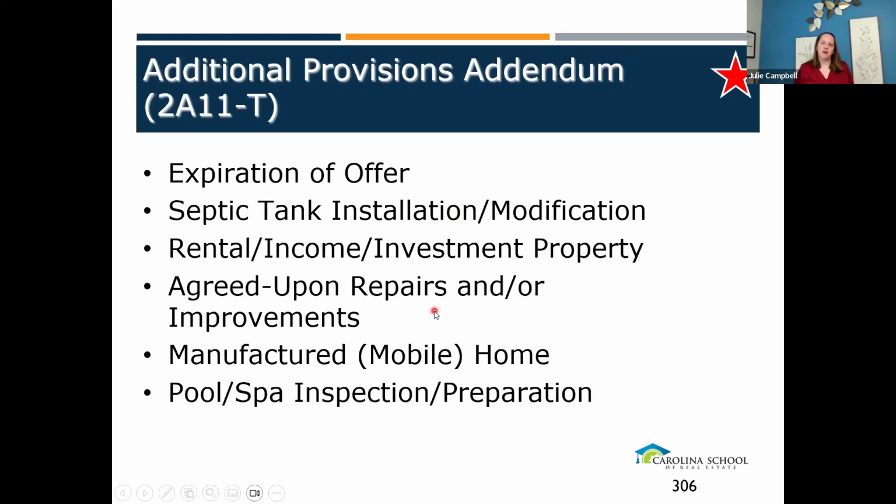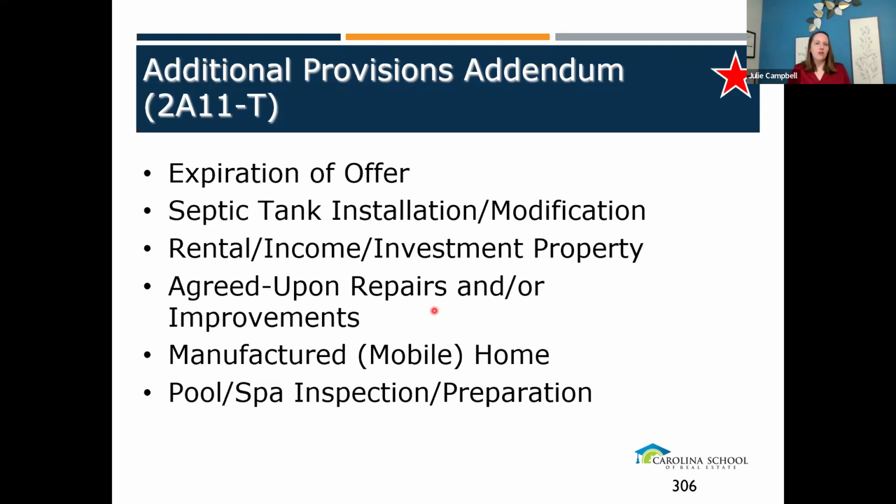Additional provisions addendum. I'm going to say of all the addenda, this is probably the most commonly used one. These provisions are used often, but not in every single transaction. So the additional provisions addendum just gives us some other commonly used provisions. For example, when we started this evening, somebody asked about how long offers are good for.